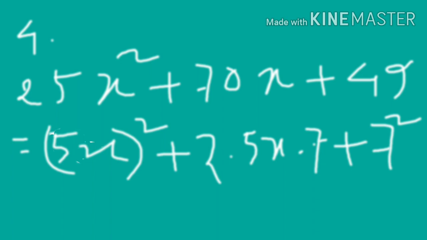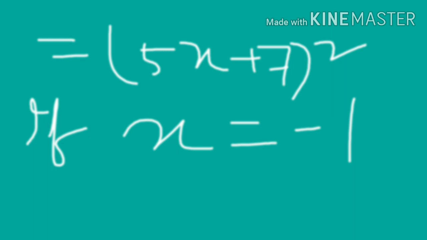Now Question number 4: 25x square plus 70x plus 49 is given, and the value of x is given as minus 1. We have to find it out. So 25x square plus 70x plus 49 we can write as (5x) square plus 2 dot 5x dot 7 plus 7 square. So it is now in the form (a plus b) whole square, so we can write (5x plus 7) whole square.